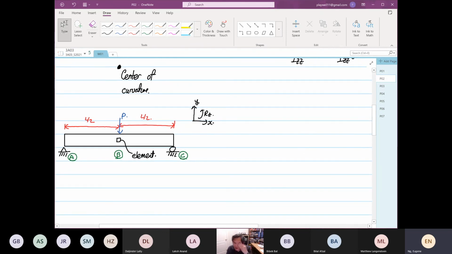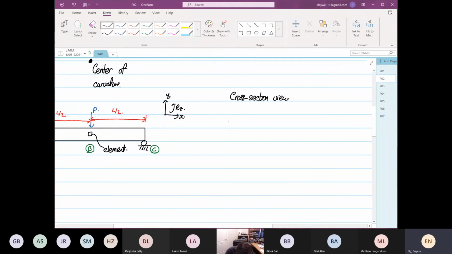So now I'm going to draw a cross-sectional view. Okay, cross-sectional view. So if I draw cross-sectional view, now this is how it looks. Okay, so watch the transformation. So this is my Y, this is my Z, and this is my rotation about X.